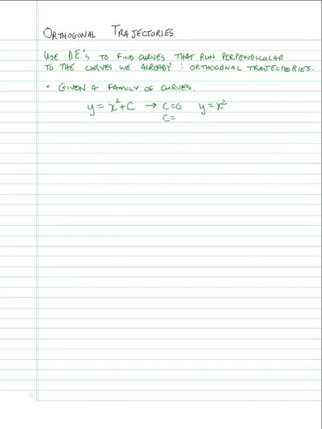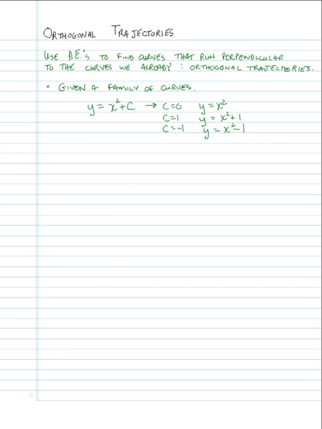On the other hand, if c is equal to 1, we would be talking about y equals x squared plus 1. Or if c was equal to negative 1, we would be talking about y equals x squared minus 1. Now, I've chosen these c values as integers, but there's nothing that says that they have to be integers.